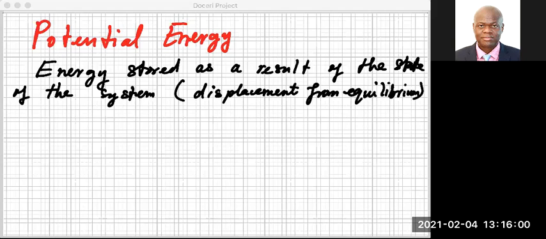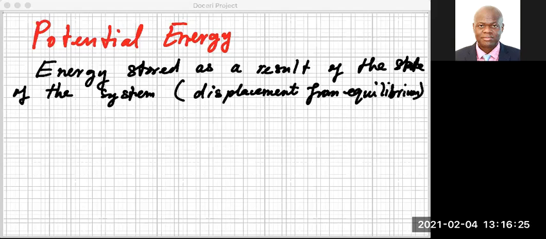So the energy to shoot the projectile comes from the energy that was stored in the spring when it was compressed. And the potential energy, we're going to come to that. Let's just define the terms now before I introduce the equations or the mathematics behind that.